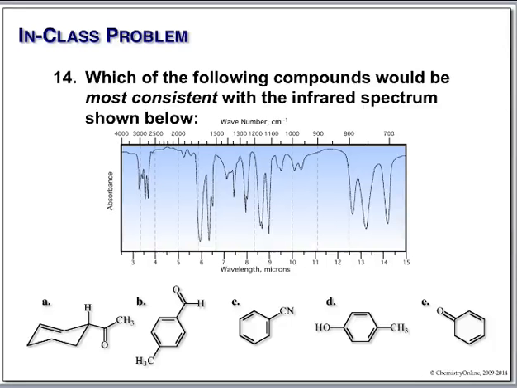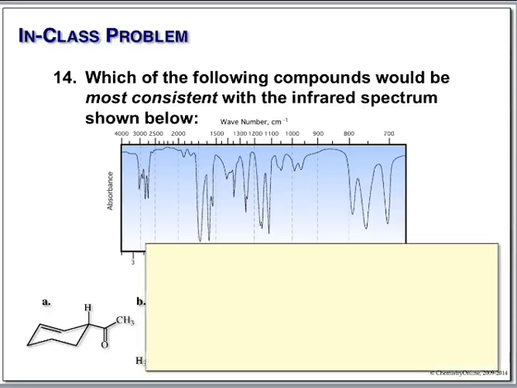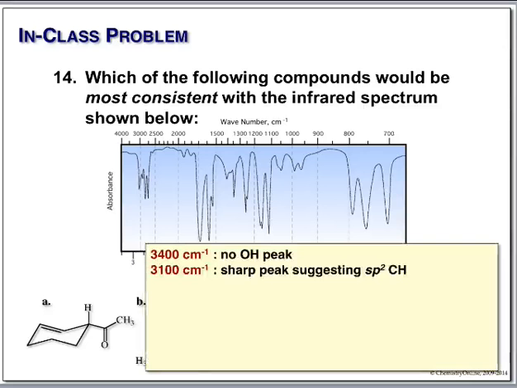So we have a carbonyl. We have an aldehyde. We have sp2 CH. We have sp3 CH. And these guys here kind of look like a benzene ring, don't they? Classic pattern for the carbon-carbon stretch. We run through the whole list. We have no OH. Nice sharp peak here for sp2.